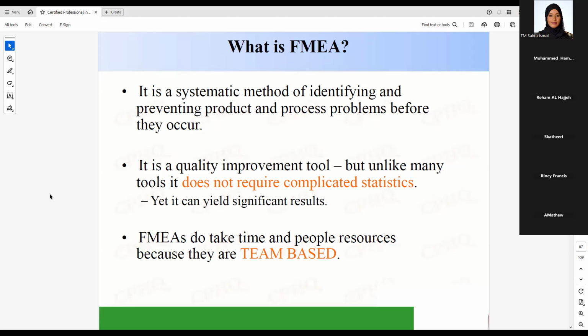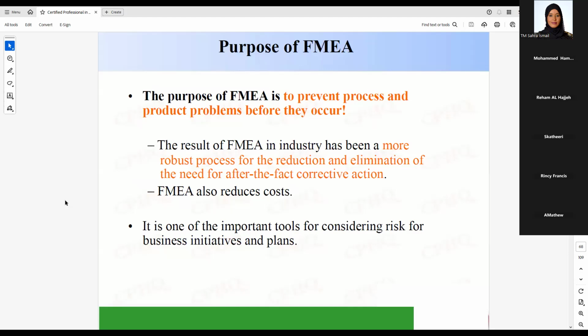So you try to identify the failure modes and fix them before they happen. It does not require complicated statistics. FMEA does take time, people and resources because it's a team-based approach for implementation. The purpose of the FMEA is to prevent process and product problems before they happen.